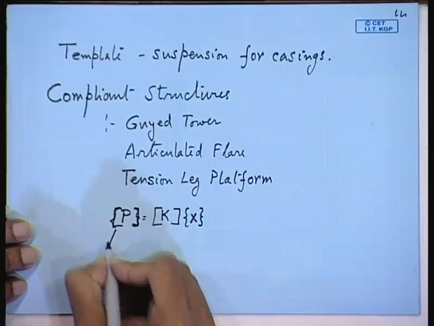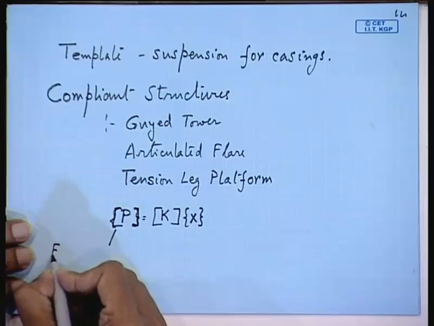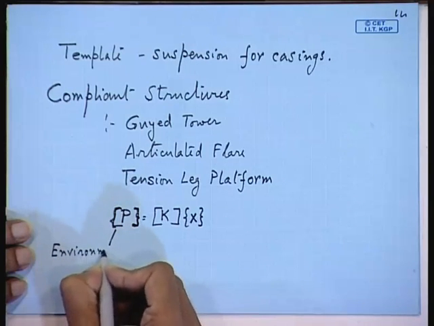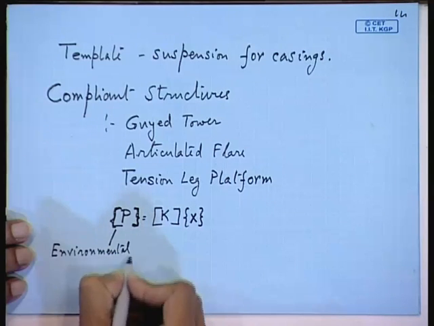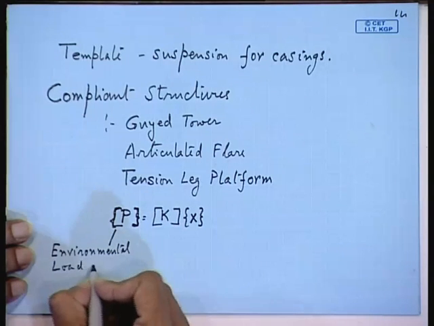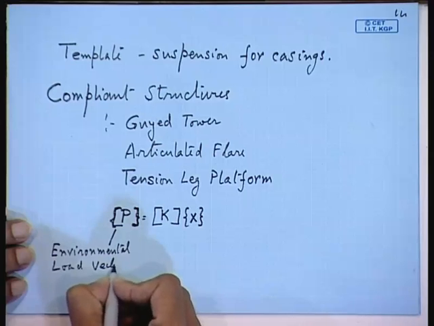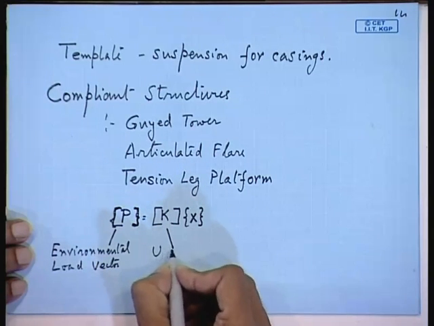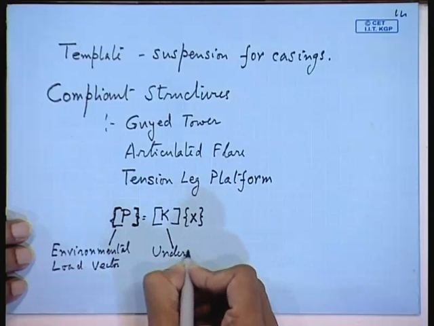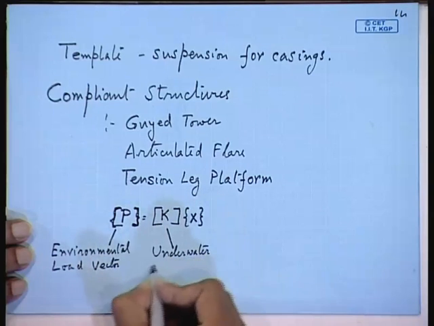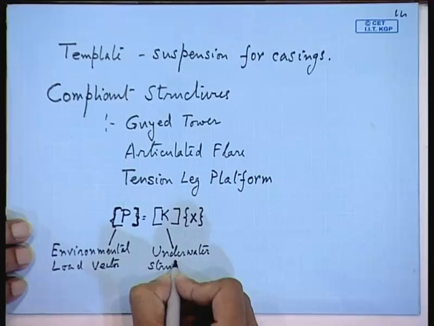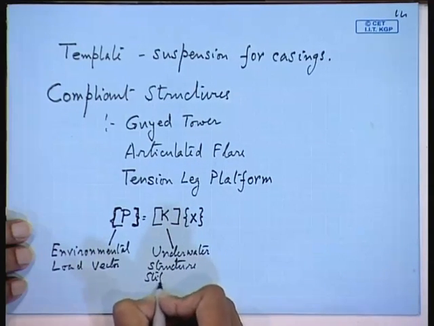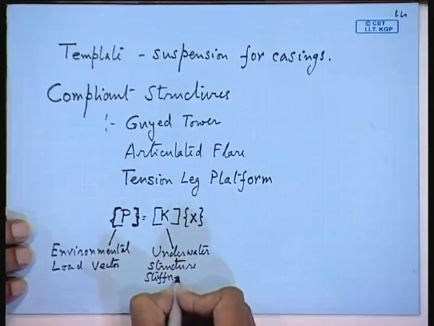So, this is your environmental load vector. And this is your underwater structure stiffness. Now, these are all in matrix form.